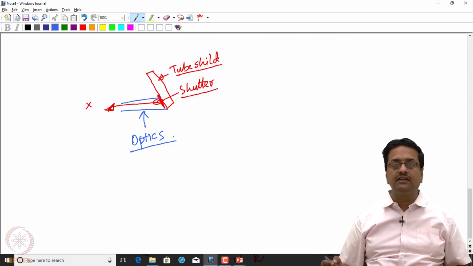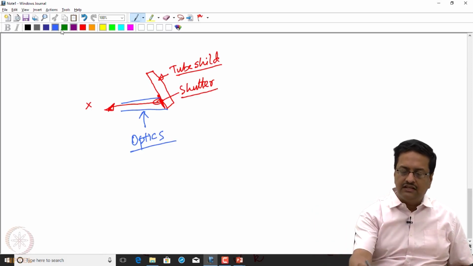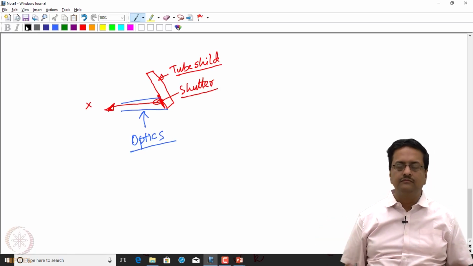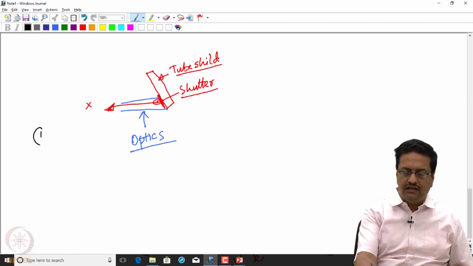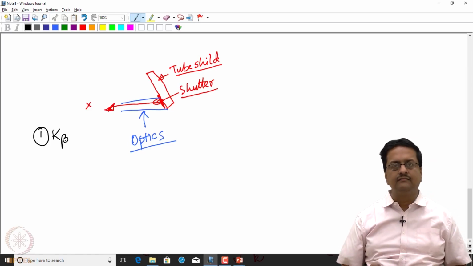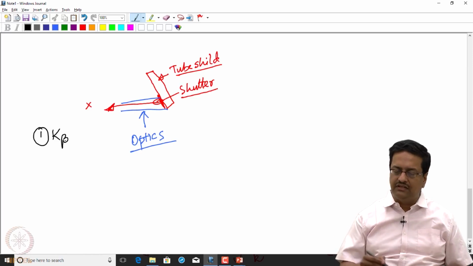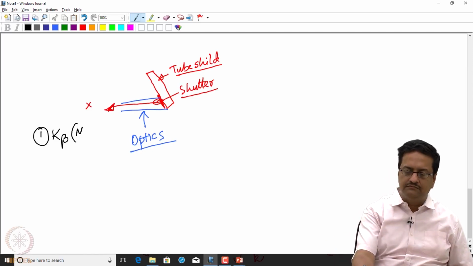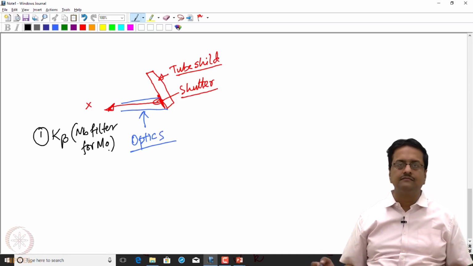What does this optics do? This optics has a number of jobs to do. The first thing is to eliminate the corresponding K beta radiation, and that is done by putting a filter of niobium in case of molybdenum. Niobium filter for molybdenum source.